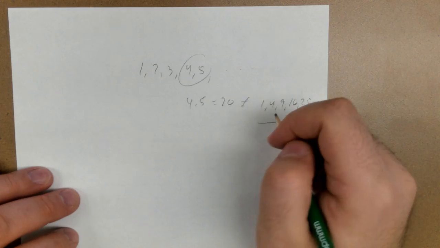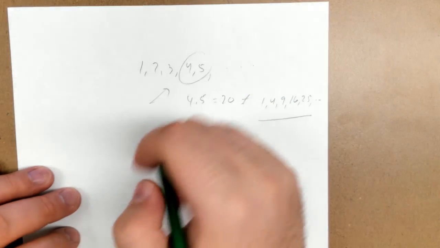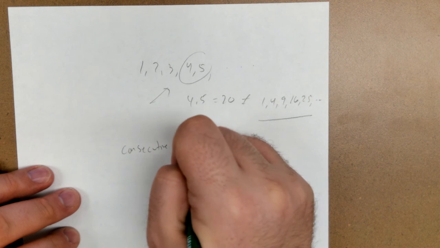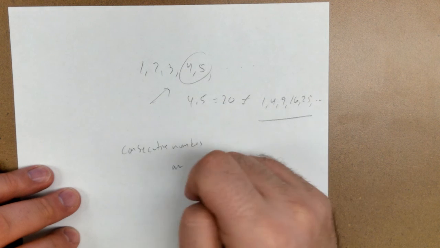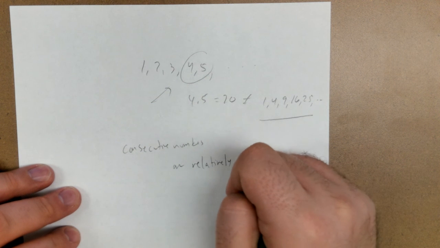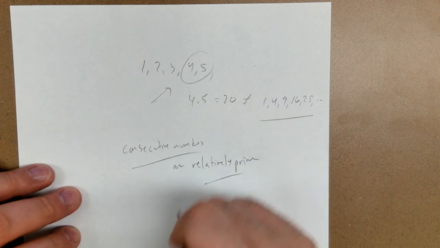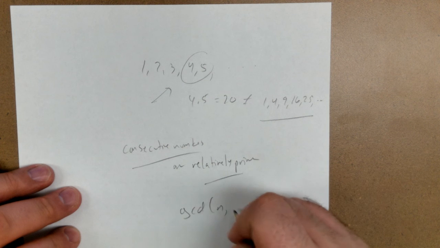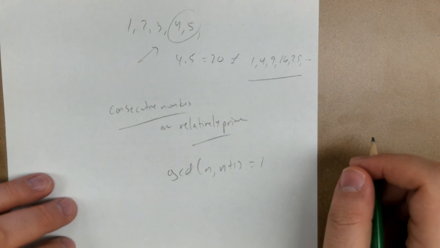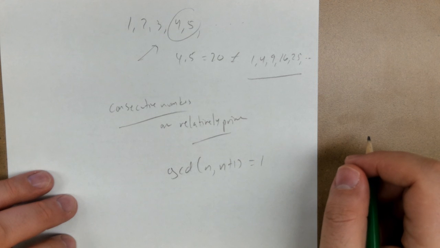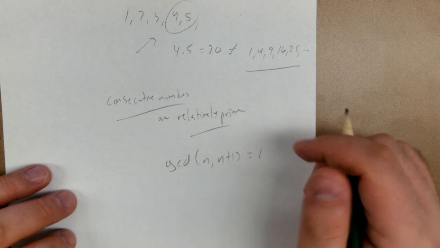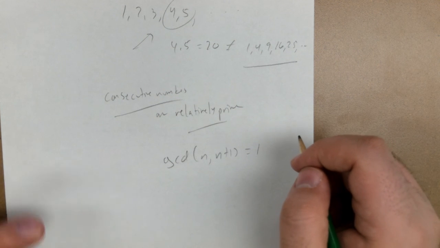The thing you should know here, a fun fact, is that consecutive numbers are relatively prime. This is an important number theory fact. So anytime you have an integer n and another number n plus 1, the GCD is 1. That means their product can't be a square unless both numbers were squares.